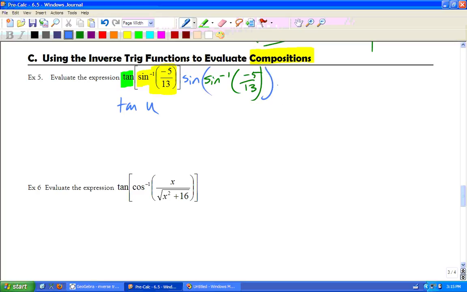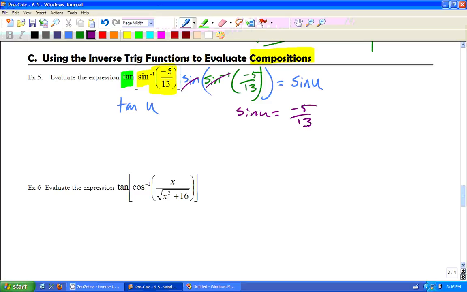The sine of sine inverse of negative 5/13 equals the sine of u. Because negative 5/13 falls within the domain of sine inverse, the sine and sine inverse functions cancel with each other, leaving us with sine of u equals negative 5/13.